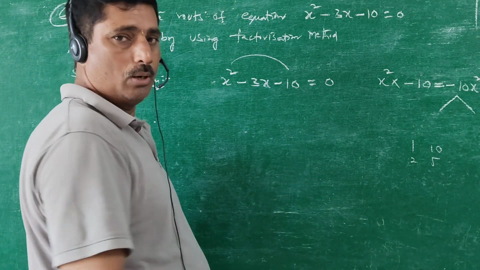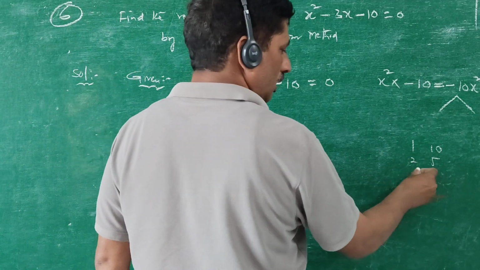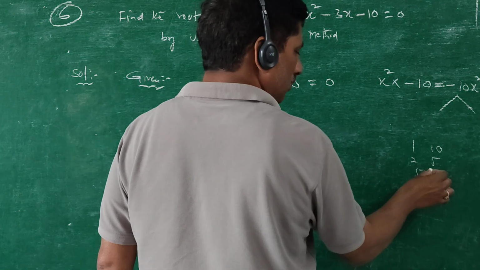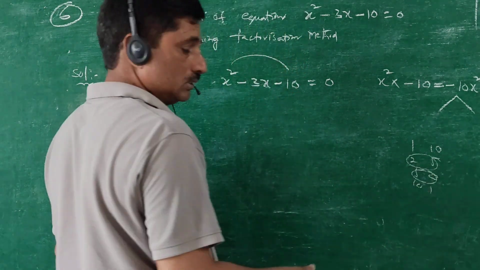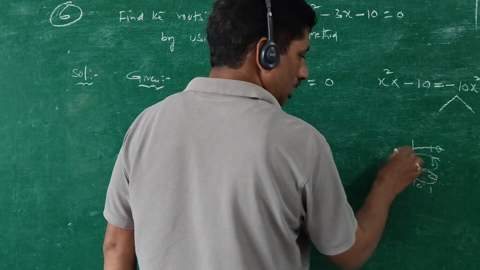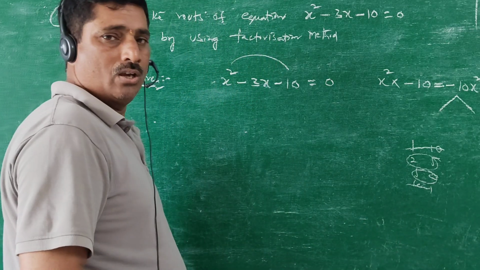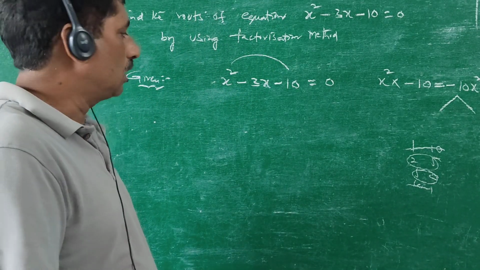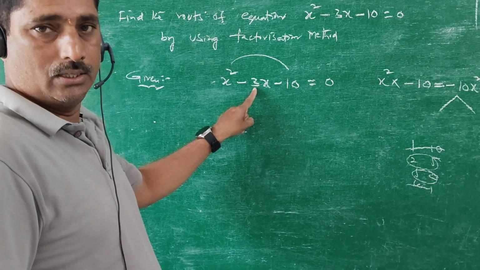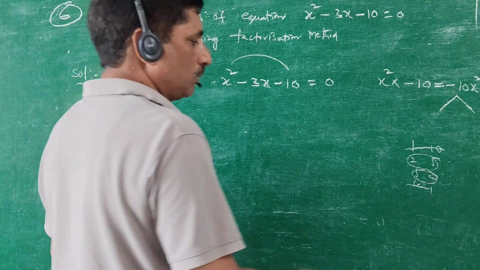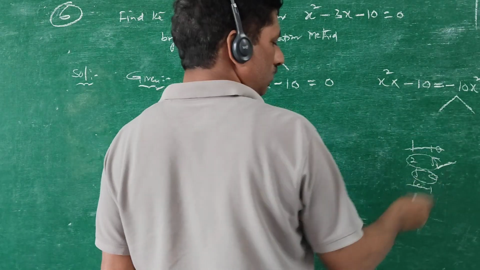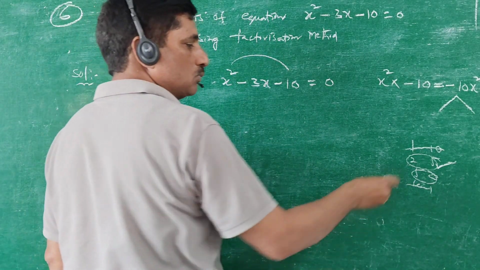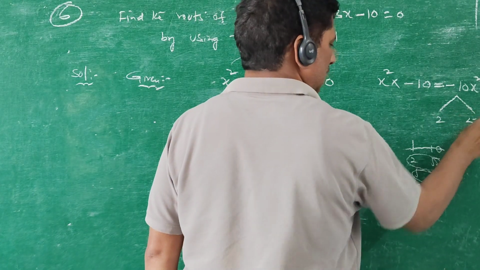You have to choose the suitable pair, either 2 and 5 or 5 and 2. Why? Because if you choose 10 and 1, when you add or subtract the two factors, you will not get the coefficient of x, which is 3. If you choose 2 and 5, when we subtract one number from the other, we get 3. That's why I took the pair 2 and 5 as the suitable pair.